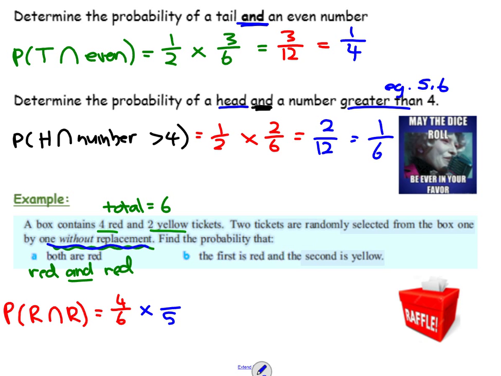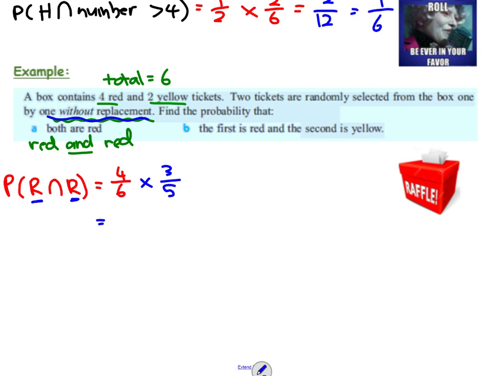So you take that first red ticket out, and how many reds would be left? If you've already taken a red out in the first go, there's only going to be 3 reds left out of the 4 for the second go. So therefore, you just multiply the numerators and the denominators. 4 times 3 is 12, 6 times 5 is 30. Top and bottom are divisible by 6, which will give you 2 over 5.